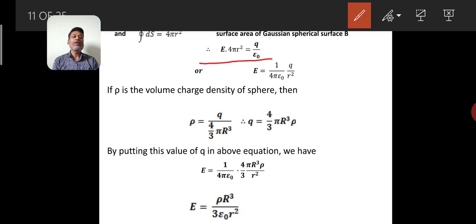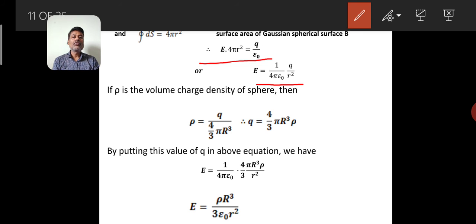Now we want to find the value of only E. So E is equal to 1 divided by 4 pi epsilon 0 into q divided by r square, since 4 pi r square goes to the denominator.